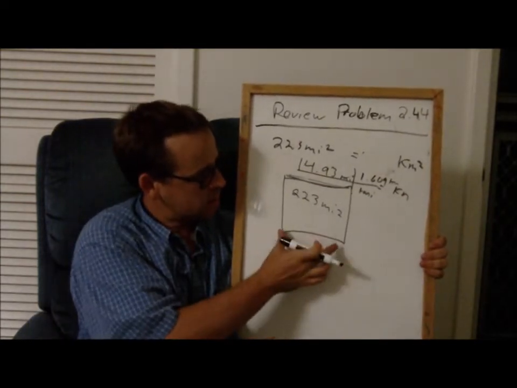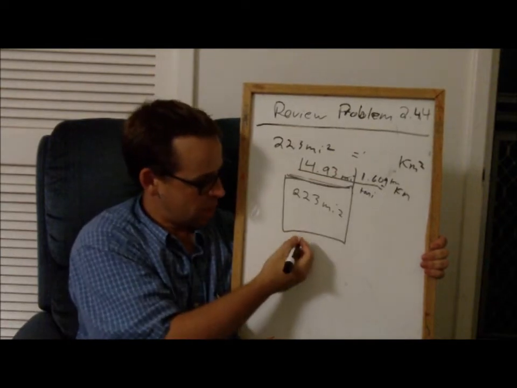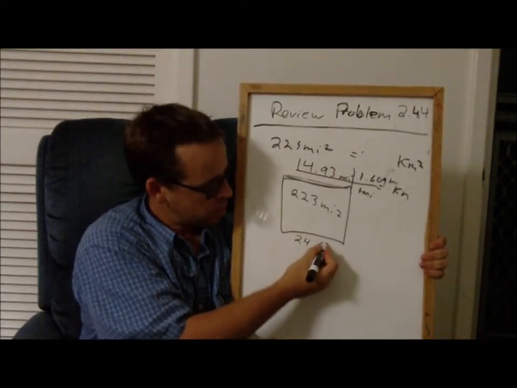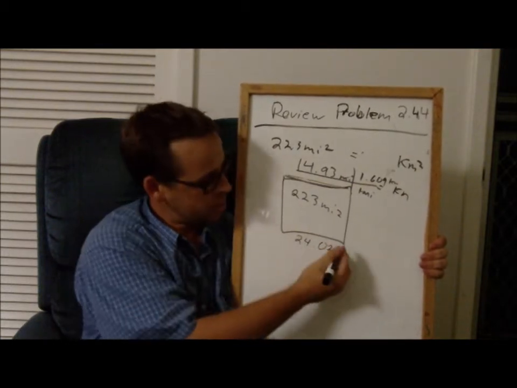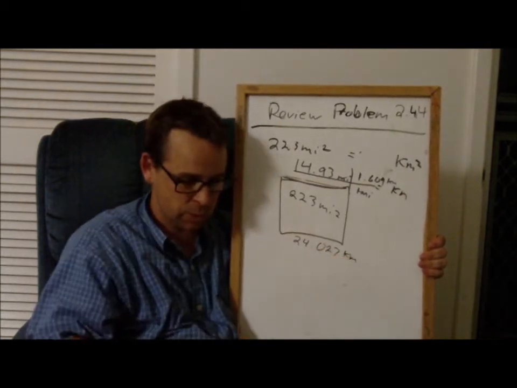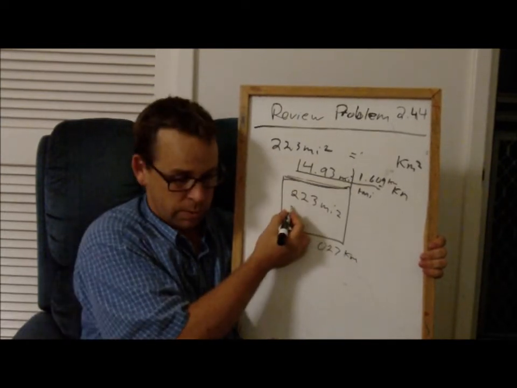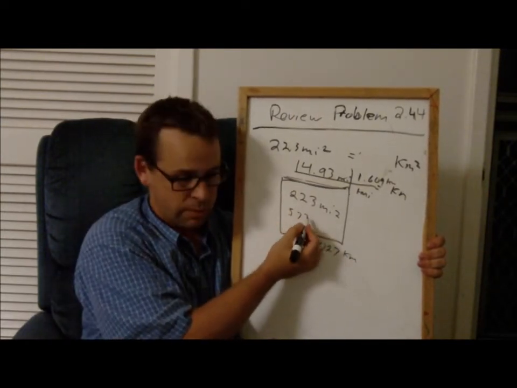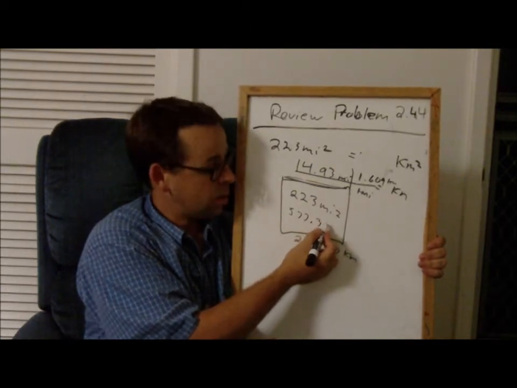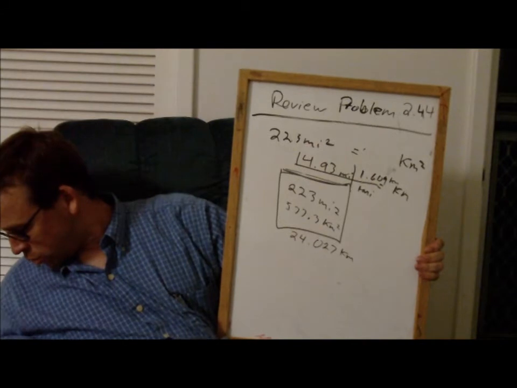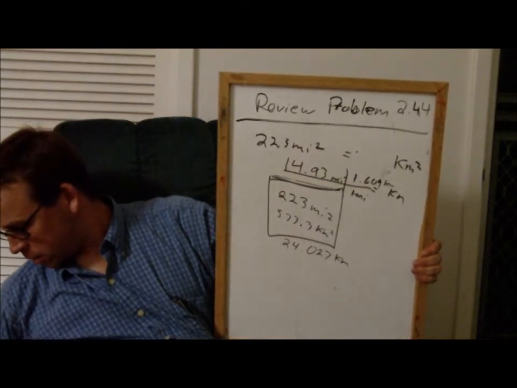So this distance is 14.93 miles, which is equivalent to what we just found, 24.027 kilometers. Now I just have to square that value, and that means that this is equivalent to 577.3 kilometers squared.